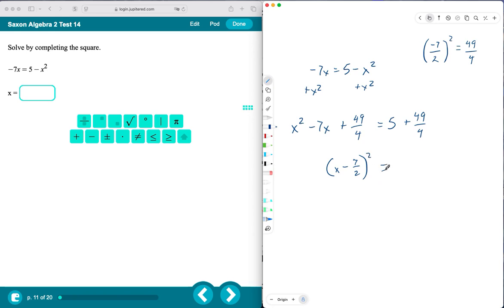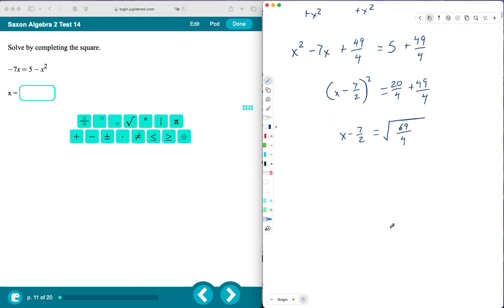And that's going to be equal to 20 over 4 plus 49 over 4. All right, so when I unsquare this, I'm going to get x minus 7 over 2 is equal to the square root of 20 plus 49 is 69 over 4.